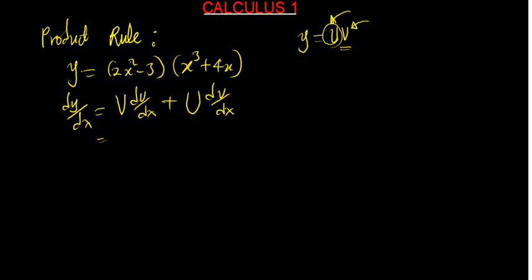So in this case, if we take this order, that means our v is the second part. So we are going to write v, which is the second part, just the way it is. That is x power 3 plus 4x. And then we differentiate u, that is the first part. So if we differentiate 2x minus 3, what do we get?